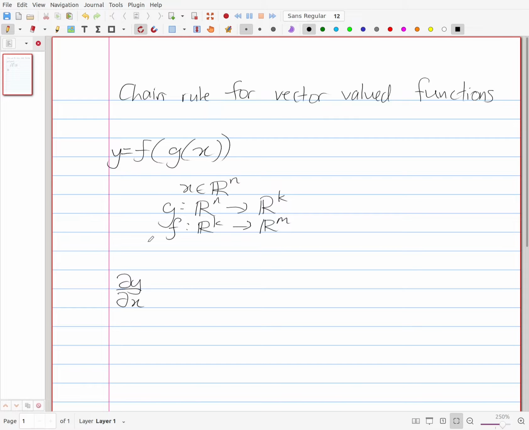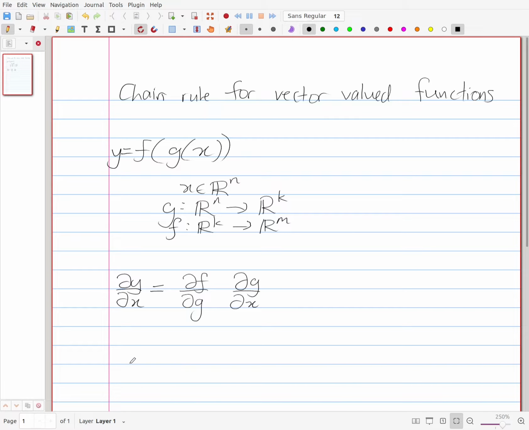Anyways, what the chain rule says is that this is equal to the derivative of f with respect to g. So this is, again, a Jacobian matrix, times the derivative of g with respect to x, which is, again, a Jacobian matrix.